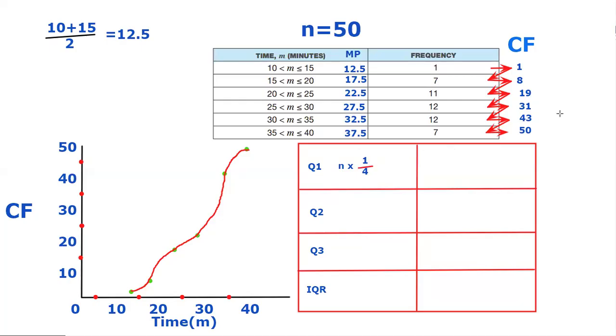And then for Q2, you're going to say n times 1 over 2, which is half, because it's half of the data. This is the median. Okay. And then for the Q3, let me show you here.